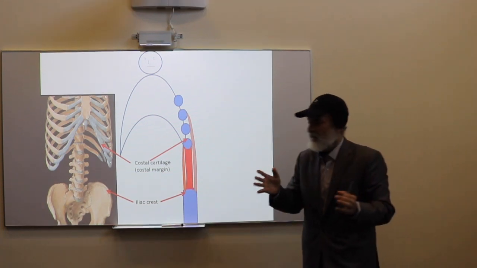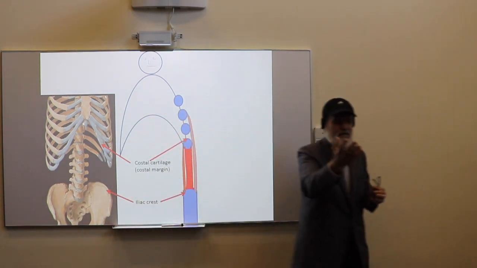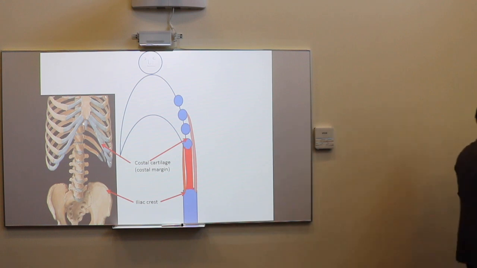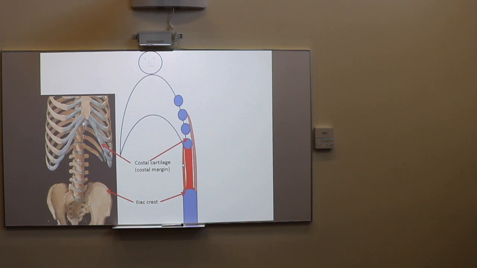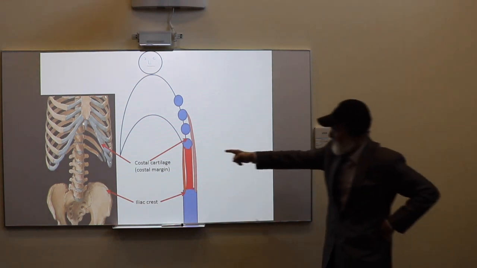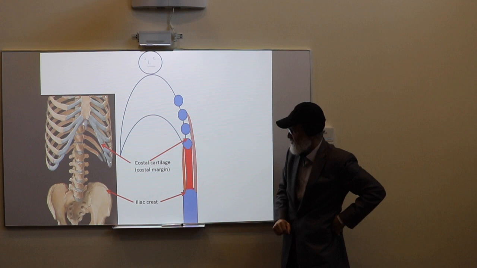Internal oblique corresponds to the ribs and whatever is between the ribs. External oblique never corresponds to external intercostal. So, what's the name of this muscle? Transversus abdominis, and it is arising from the inside of the costal margin.